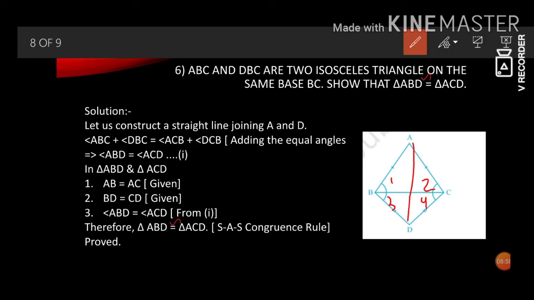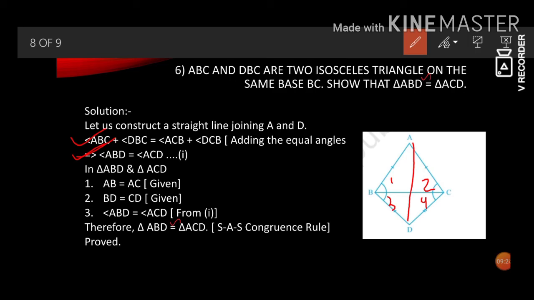So we have written angle BAC plus angle DBC is equal to angle ACB plus angle DCB, which will give us angle ABD equal to angle ACD. This angle we need in our proof.